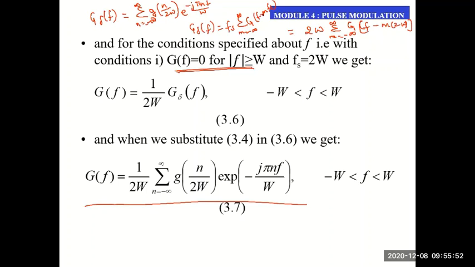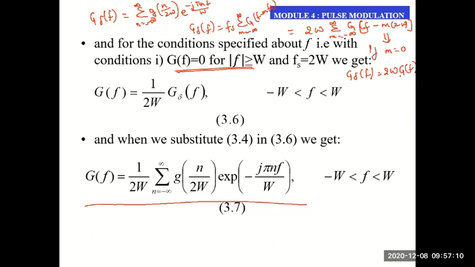Wherever I have Fs, I am substituting 2W. And in this, if m is equal to 0, what will I get G delta of F as?